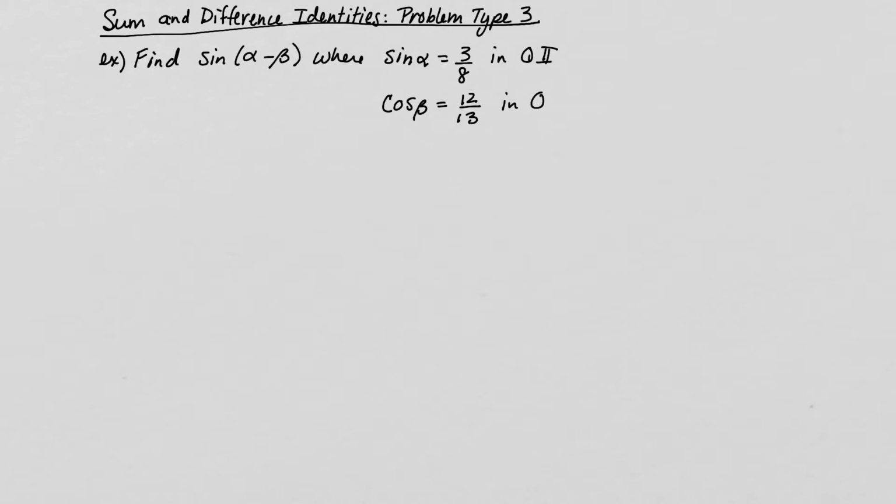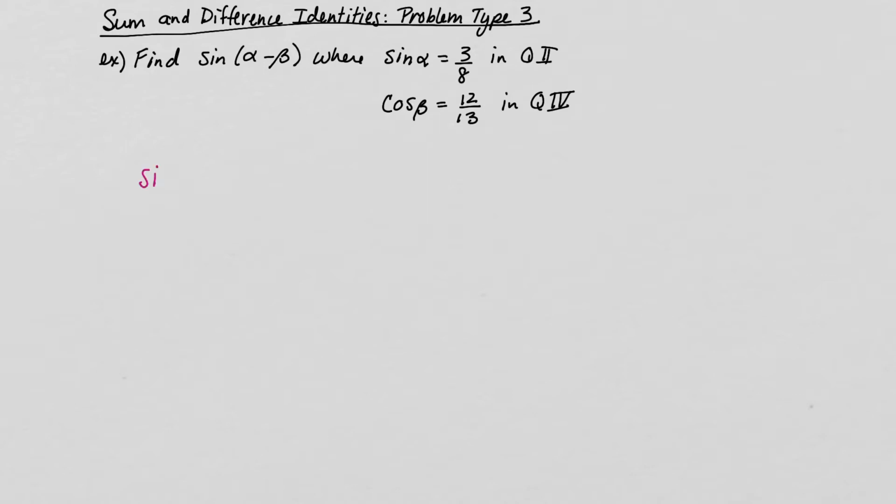So find the sine of alpha minus beta, where the sine of alpha is equal to 3/8 and in quadrant 2, and the cosine of beta is equal to 12/13 in quadrant 4. So we're looking for the sine of alpha minus beta.